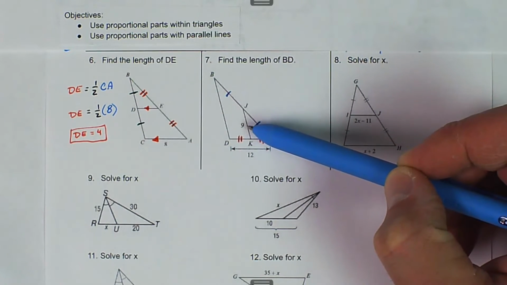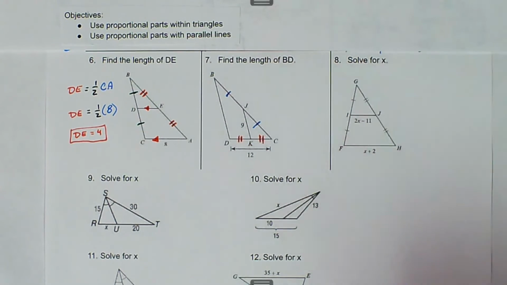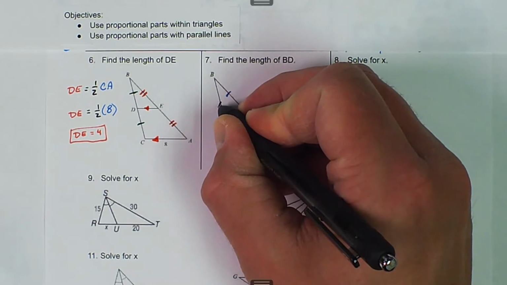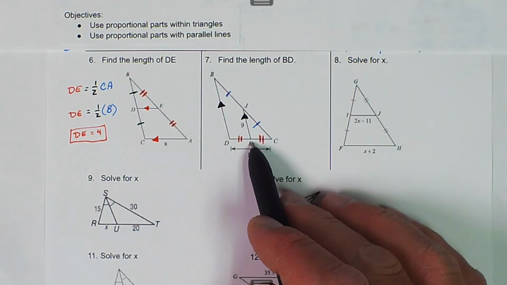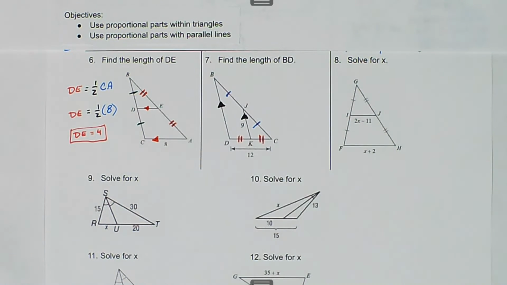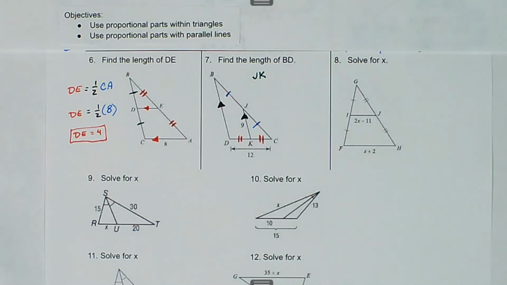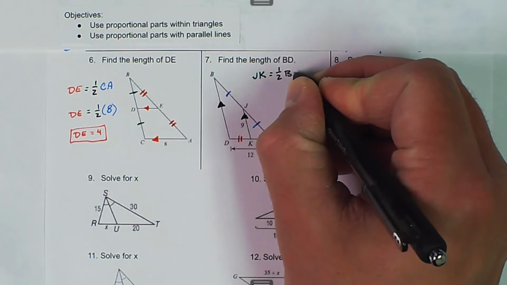We're still going to use the midsegment theorem because if this is the midsegment, there's a relationship between these two. And the relationship is these 2 lines are parallel. And JK is half of BD. So we can say JK is equal to 1/2 of BD.